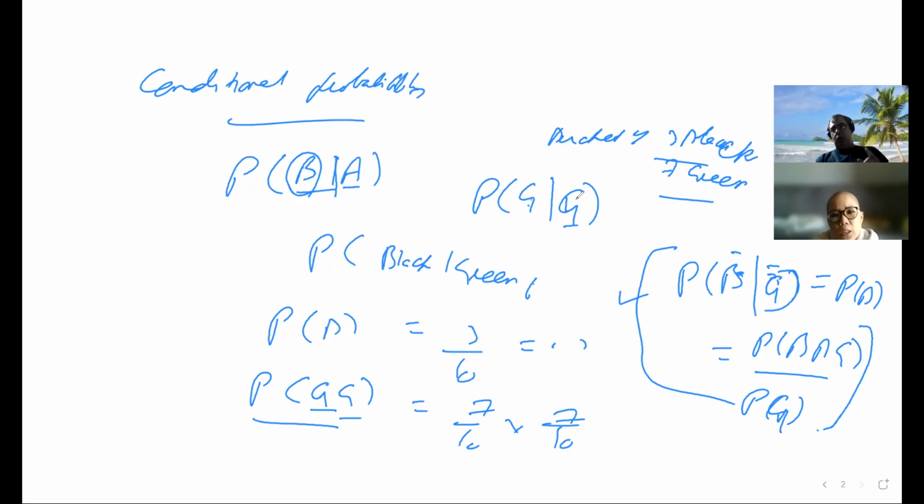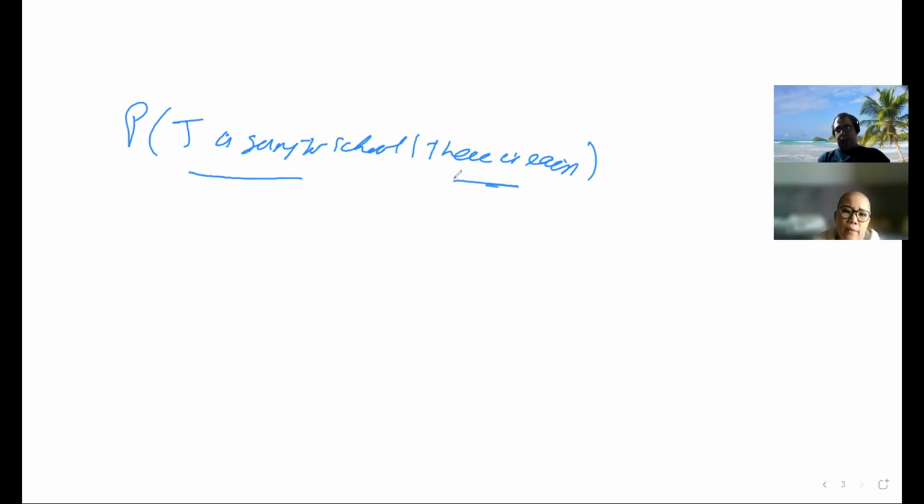Like suppose I say you have to find the probability that Jack has gone to school, and it is given that there will be rain. So Jack going to school is dependent on this event also, that there is rain, right?